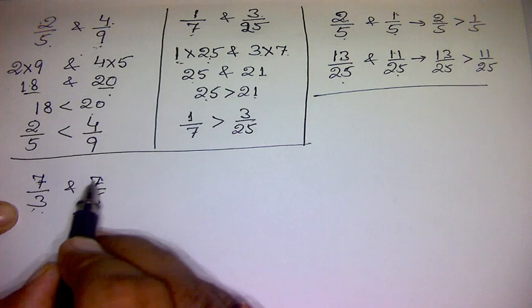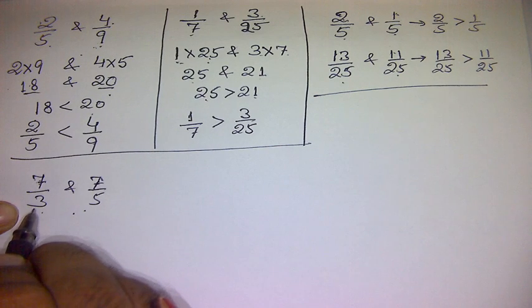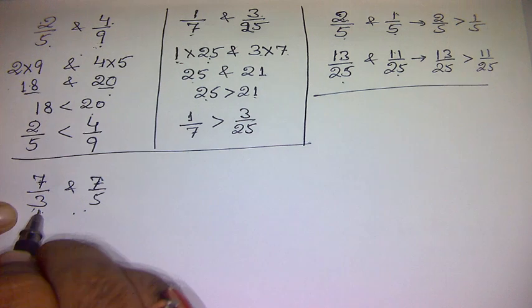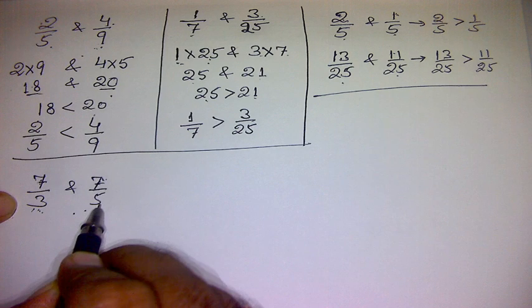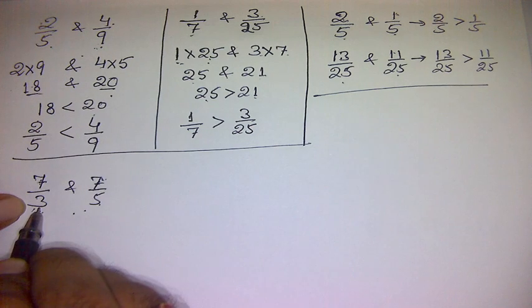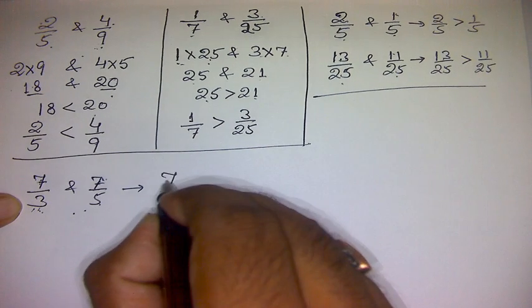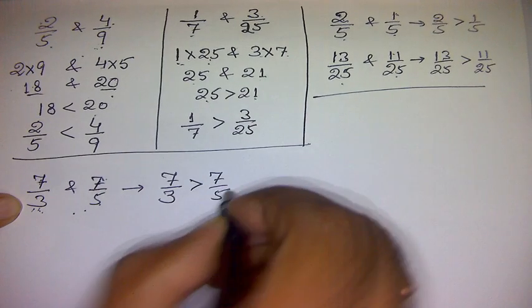If the numerator is the same, the fraction with the smaller denominator value, what will we consider it? We will consider it greater. Like 7 upon 3 and 7 upon 5. 3 is the smaller denominator, so it means 7 upon 3 is greater than 7 upon 5.